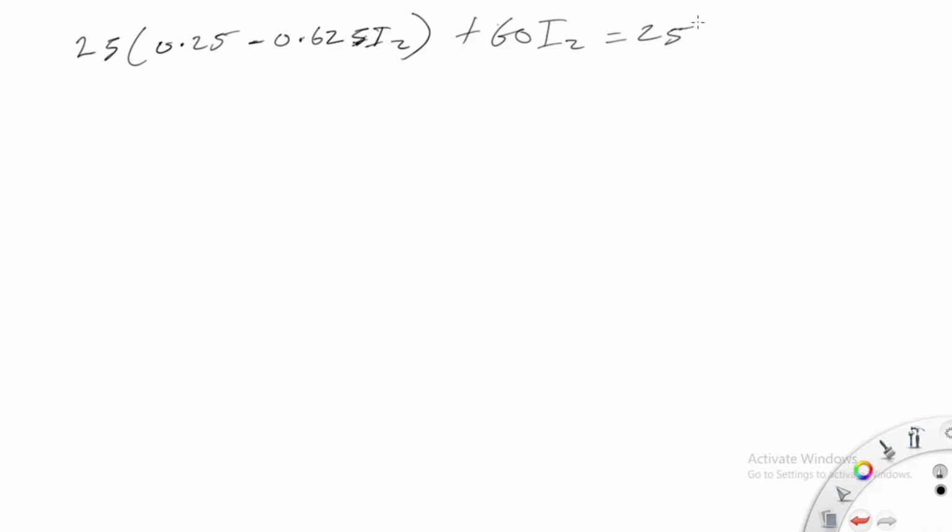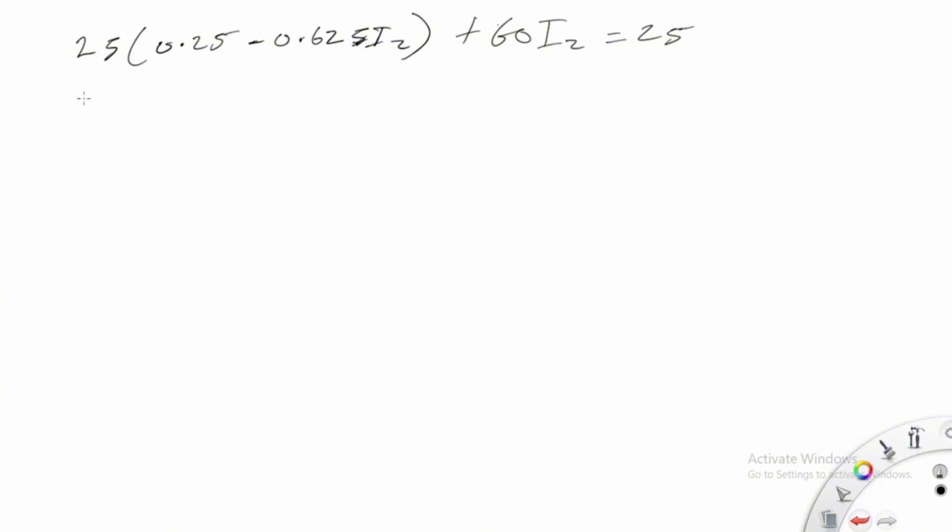So substituting this into that equation, we would have 25 open bracket 0.25 minus 0.625 I2 close bracket plus 60 I2 is equal to 25. I hope you can concur with me.